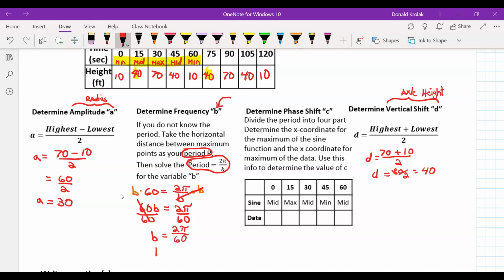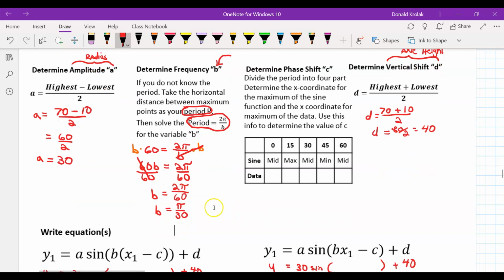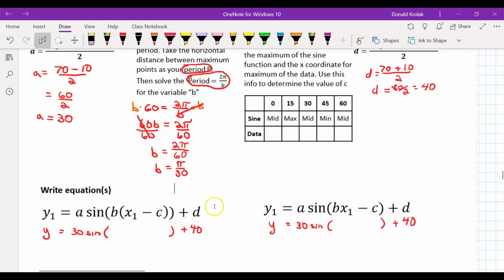Now I'm going to reduce that to lowest terms, and that would be pi over 30. So that's the frequency. That's the exact value of the frequency. When you do it on Desmos, it's going to give you the decimal version of that number.